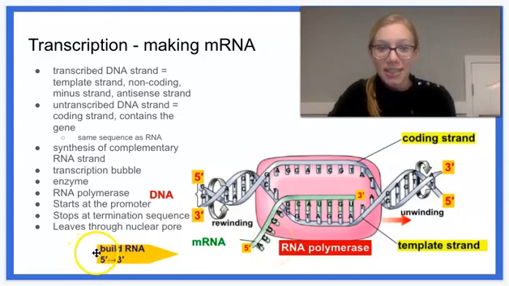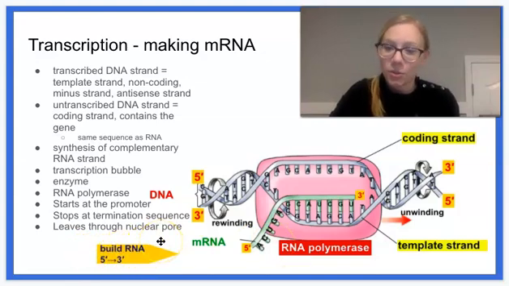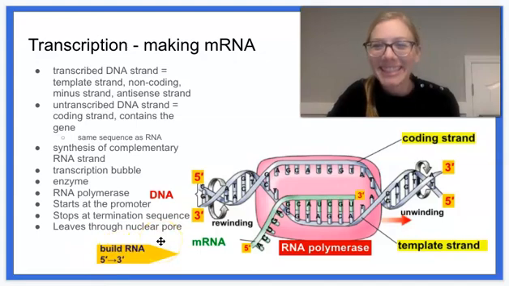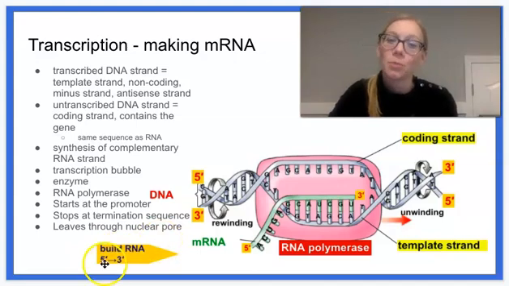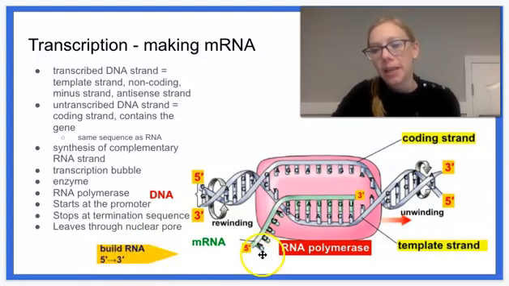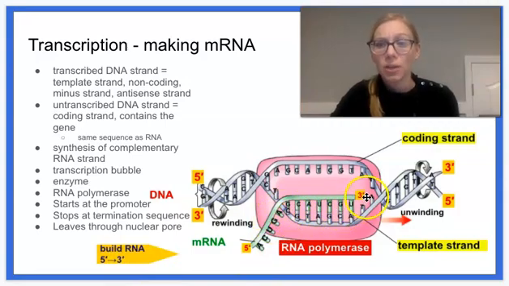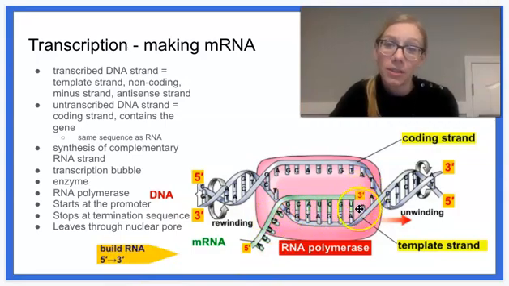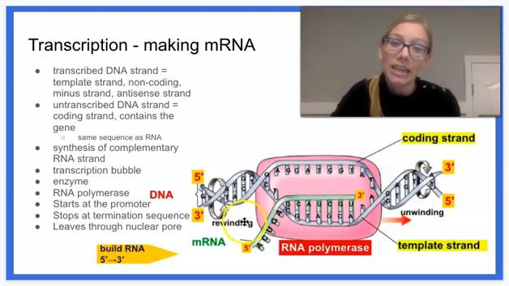Now, just as DNA had direction, so does RNA. So we're going to build our RNA strand from the 5' end to the 3' end, meaning we're going to add one nucleotide at a time to our matching strand until we get to our termination sequence. We're going to add to the 3' end of our RNA molecule. That means that we're reading the DNA strand in the opposite direction.